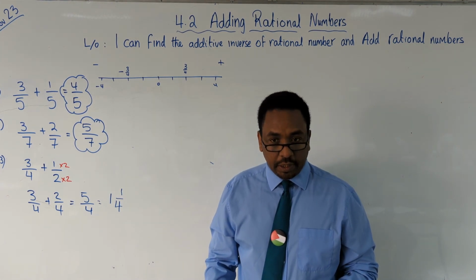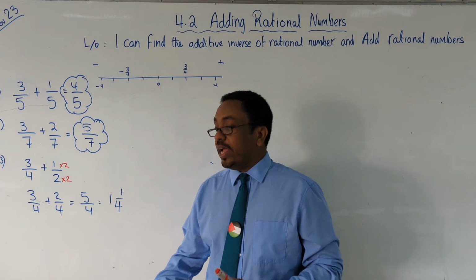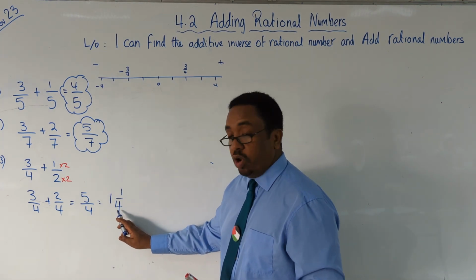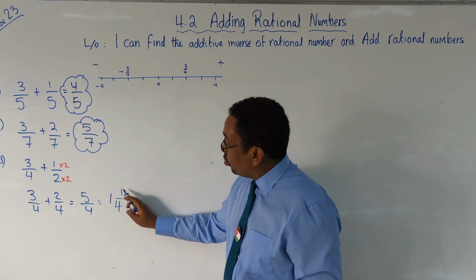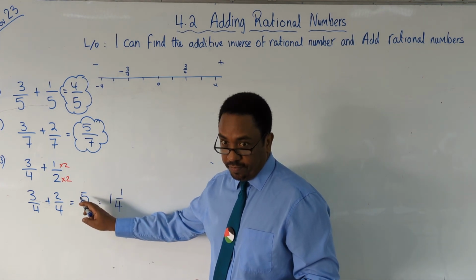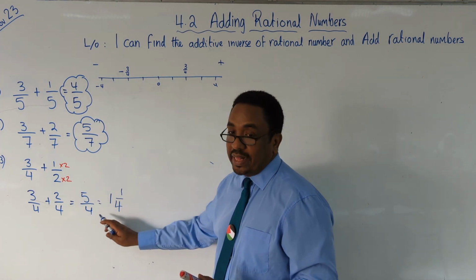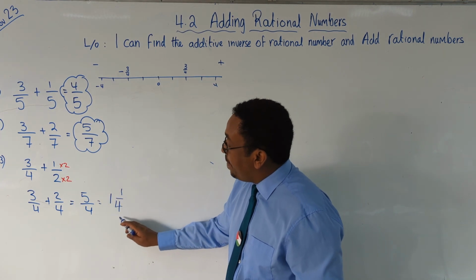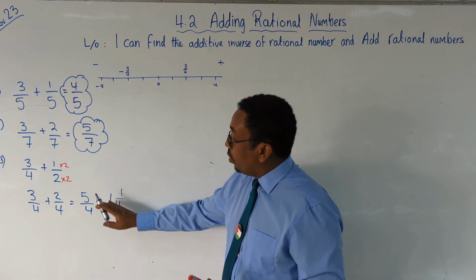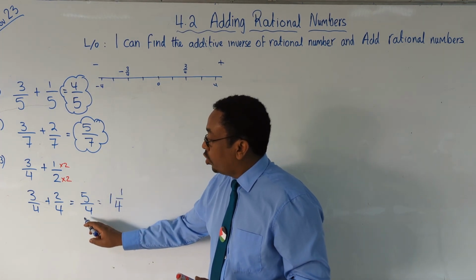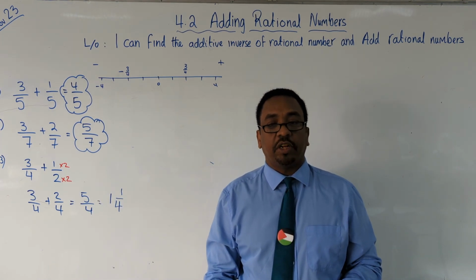Does that make sense? So to check if this is correct, we say 1 times 4 is 4, plus 1 is 5. Denominator always stays the same. So this is called a mixed fraction. This is how we usually leave our answer. And this is called an improper fraction.